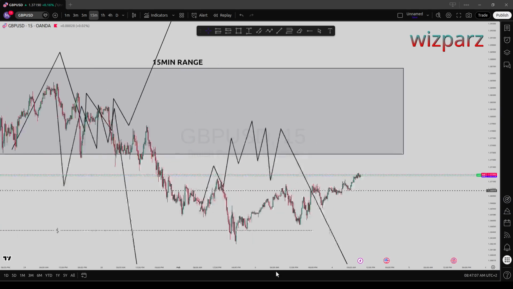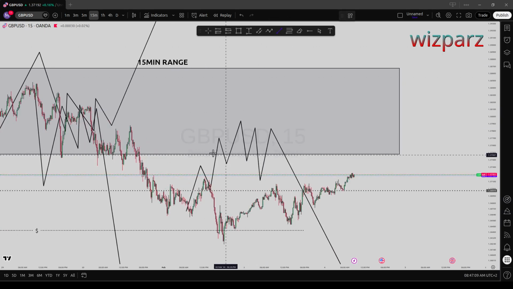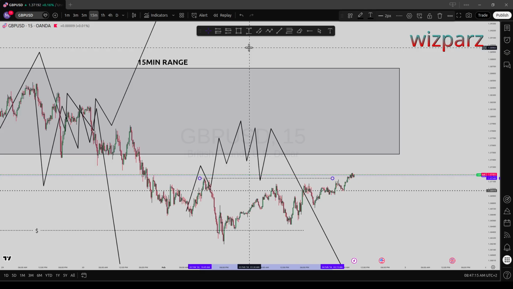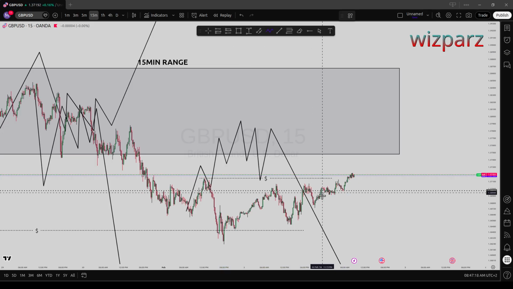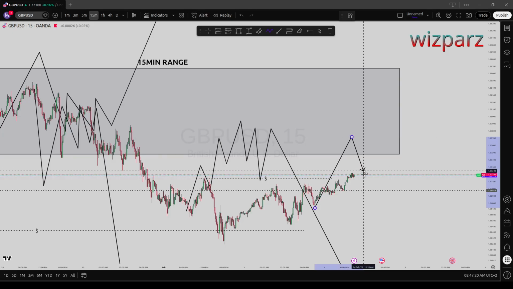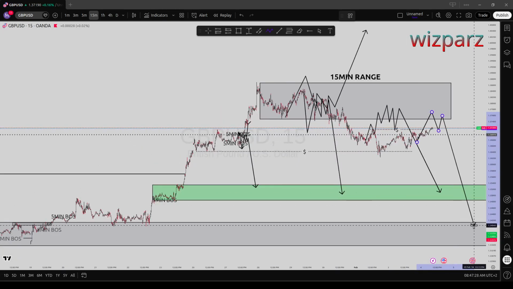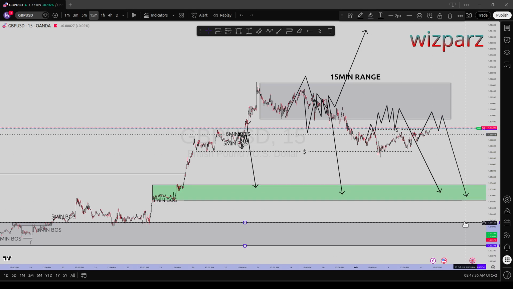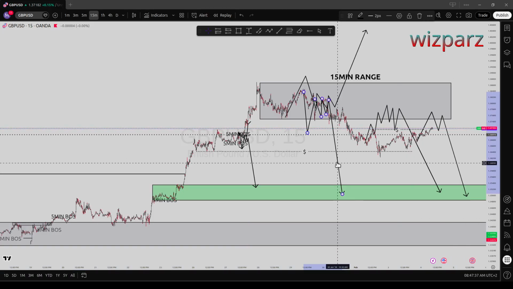So I am expecting the price to liquidate this internal liquidity, okay, and then price continues pushing to this zone, and then gives 1-minute change of character or 5-minute change of character, and then look for short opportunity, targeting price to move to this area or even this last 4-hour zone.